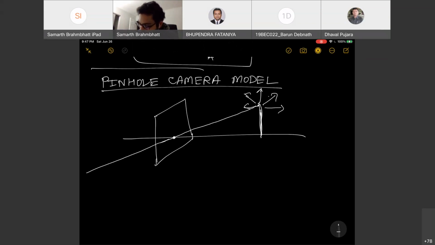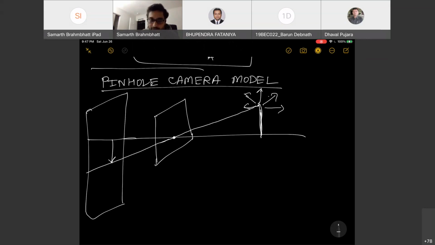So now on the other side of this pinhole, if we put a screen, like a paper or something, a white screen, then we get the inverted image of that object, right?